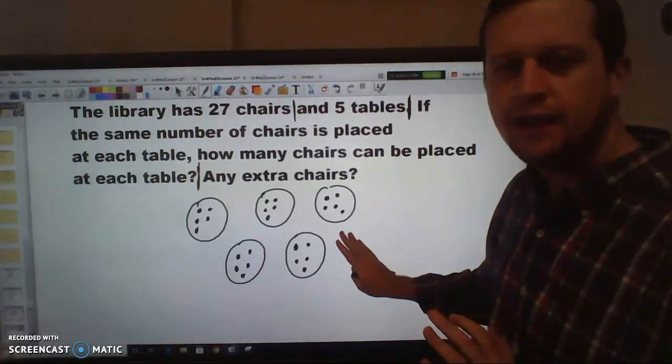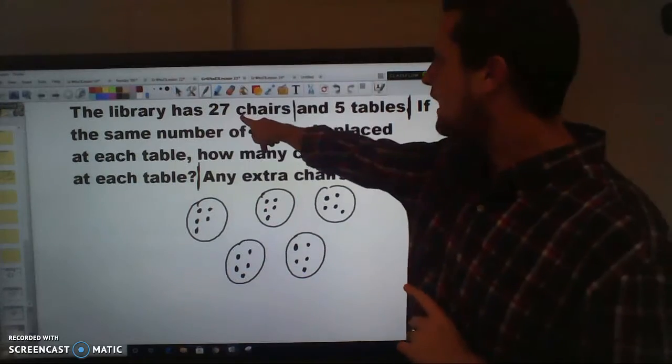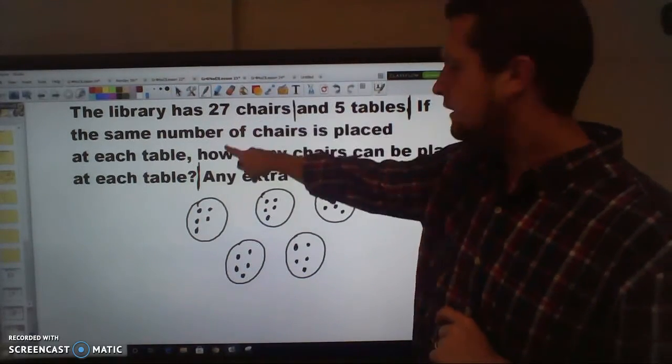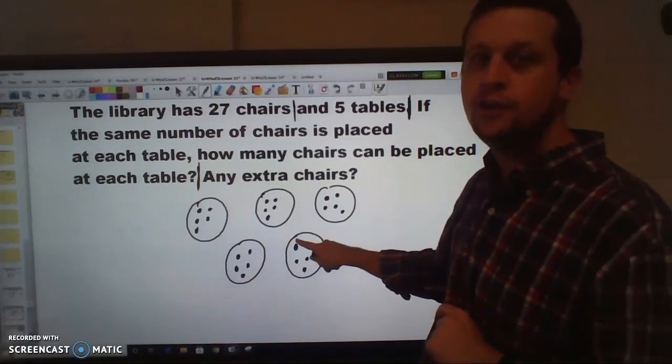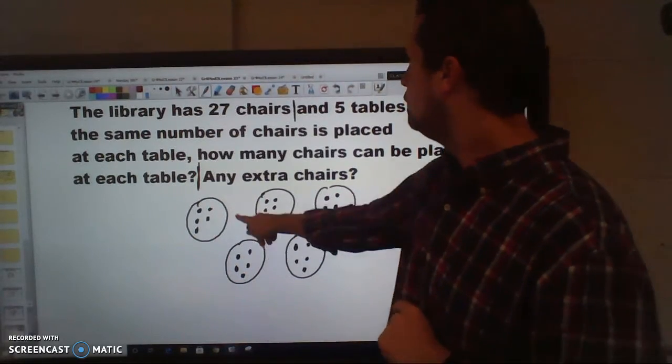Now I'm going to stop there because that's 25. If I go 26, 27, am I going to have enough to give it evenly? No.